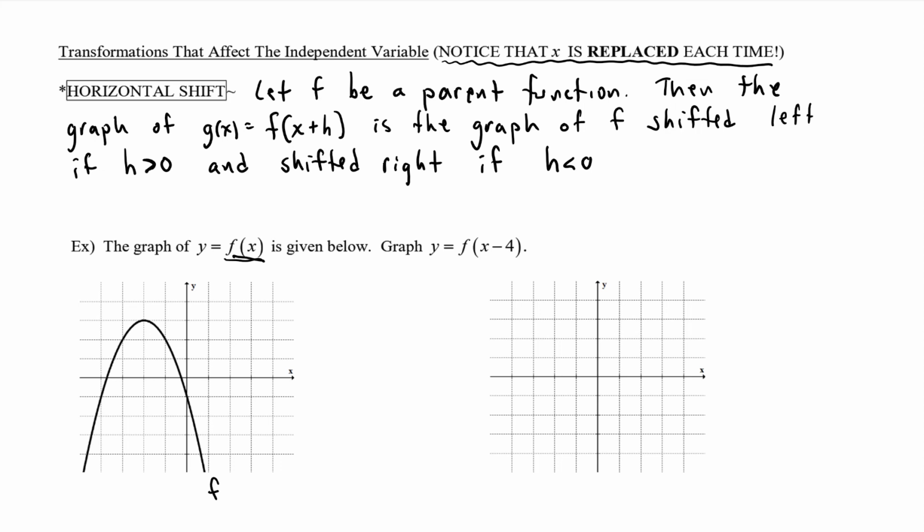And we want to graph y equals f of x minus 4. What I want you to notice is the original parent function is a function of x, but our new function is a function of x minus 4. So x was replaced with x minus 4. Everywhere there was an x in the equation is now replaced with x minus 4. That's different than the 5 transformations that affected y.